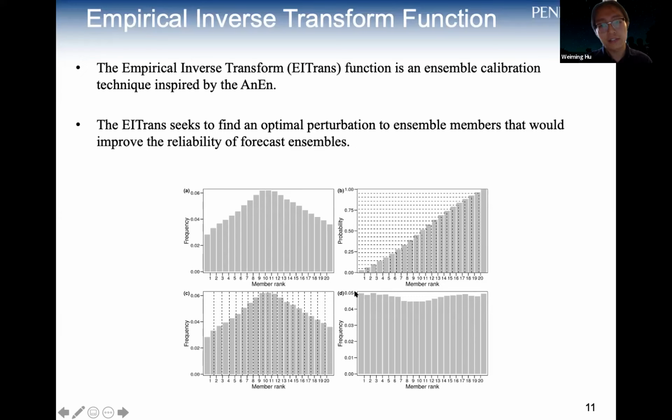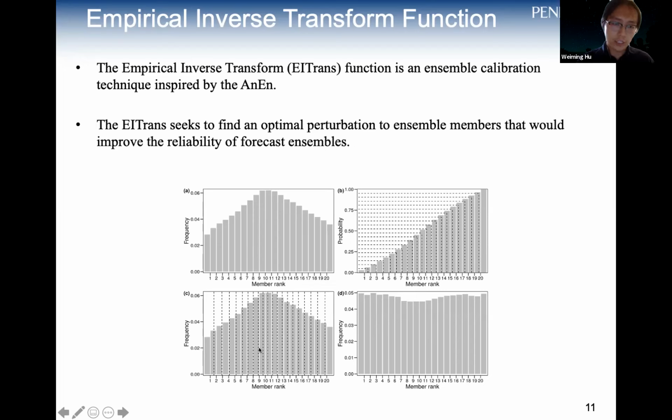But currently it's not. And it is telling you that you want the first member to move a little bit to the right so that it incorporates more observed values in the first bin. Same for the second one, you want it to move to the right. And in general, you want to shrink this entire ensemble so that we can achieve a flat rank histogram.